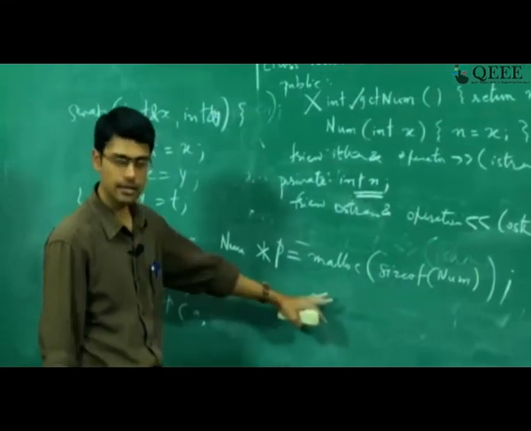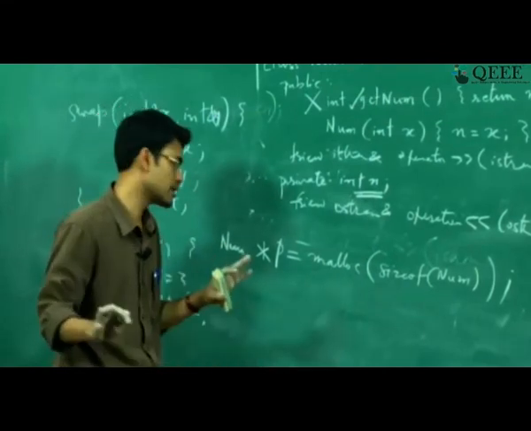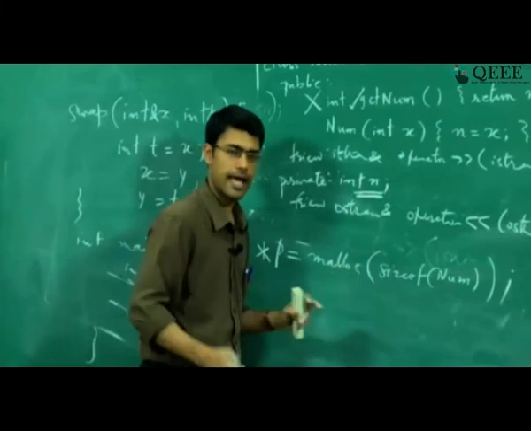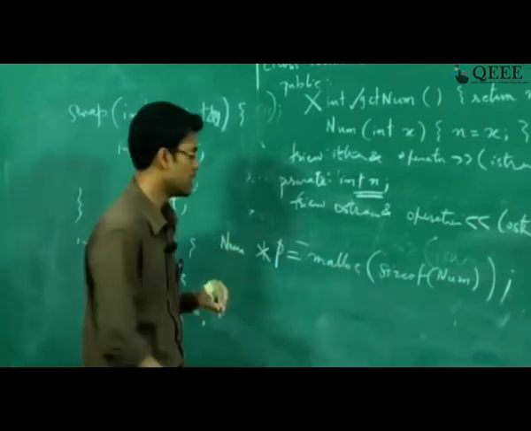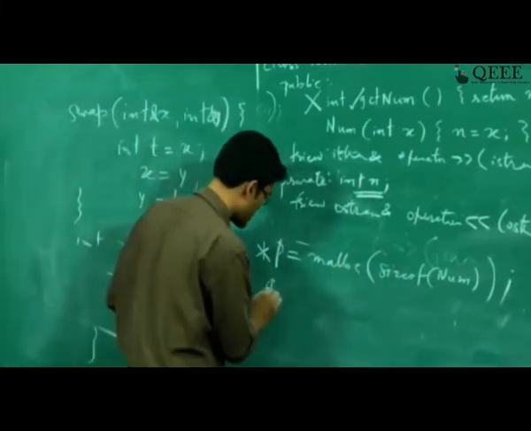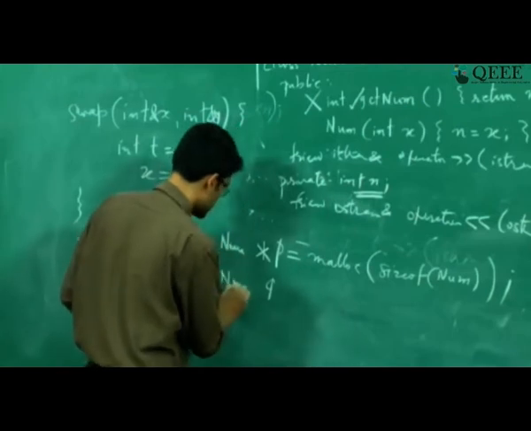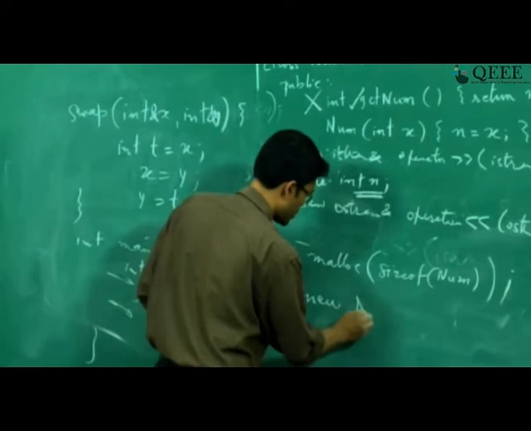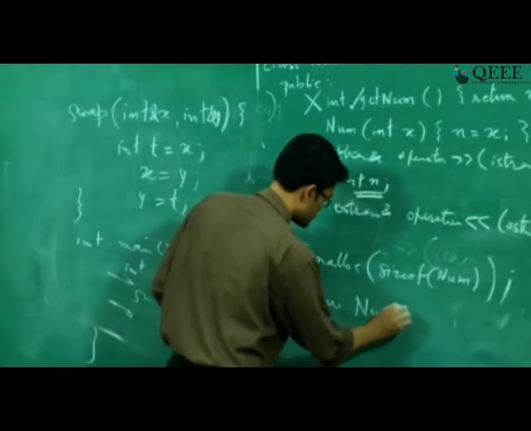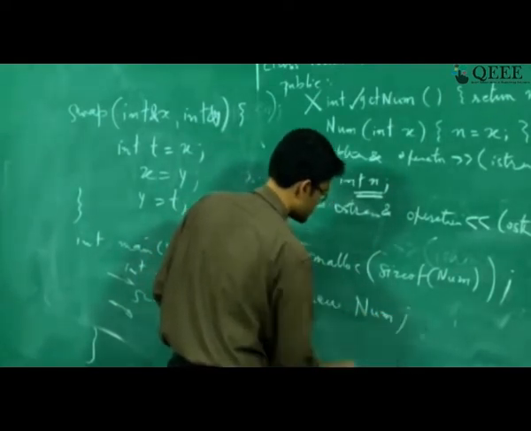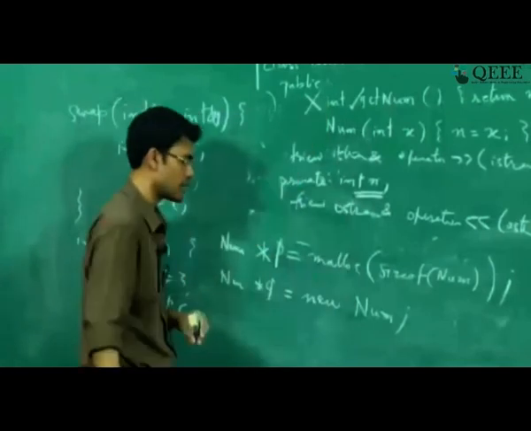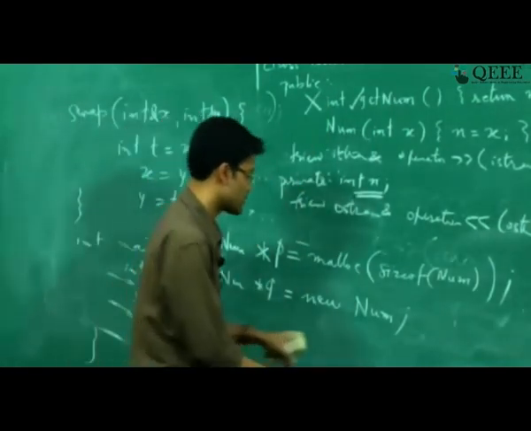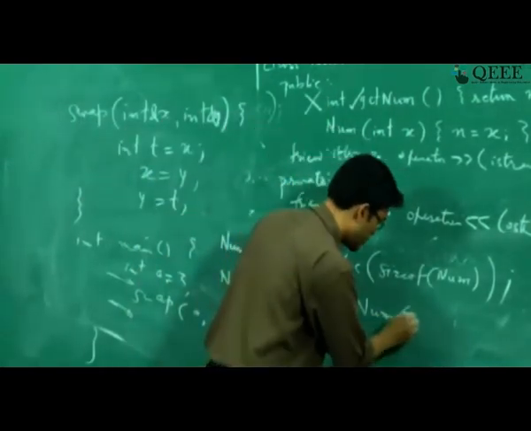What has this done? Well, it has done nothing with respect to num per se, except for the size. But when we are talking about, let's say, num star q equal to new num, well, let's say that there is a default constructor and so on, or we can give that argument.